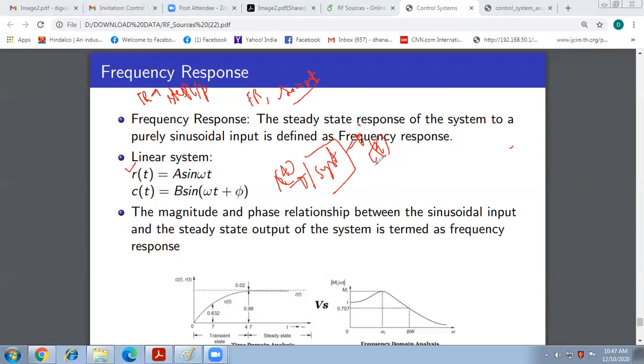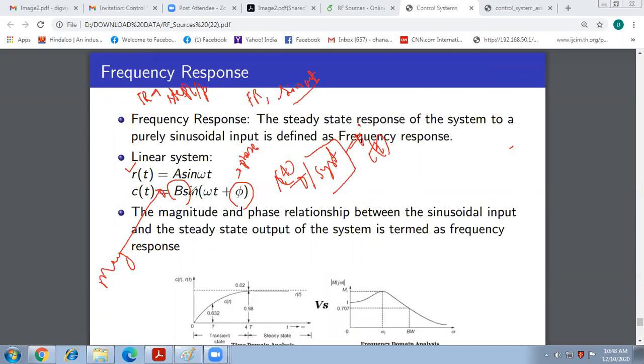For a linear system, when there is a sinusoidal input, the output will also be a sinusoidal output. But what may vary are these two terms of the output, which I have encircled. One is called the magnitude or amplitude of the output, and the other is called the phase term of the output.